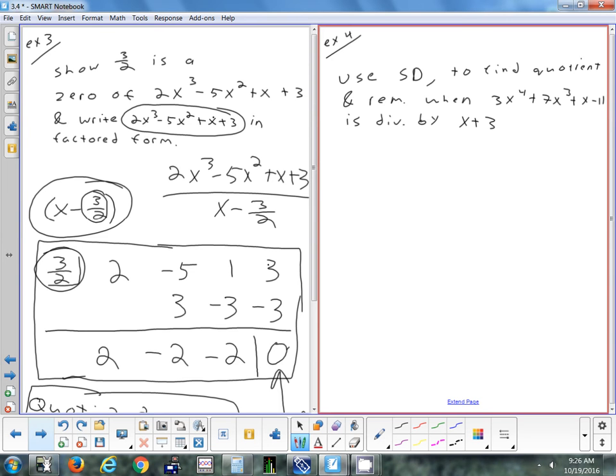All right, so I want to use synthetic division to do this. It's not set up exactly the way it should be, but we can still use synthetic division.